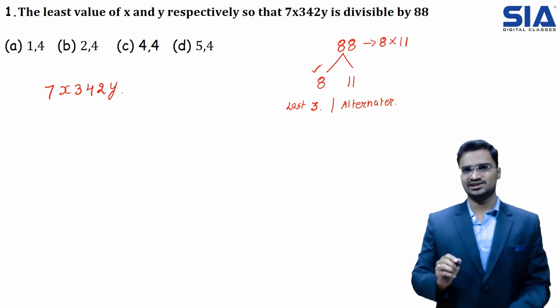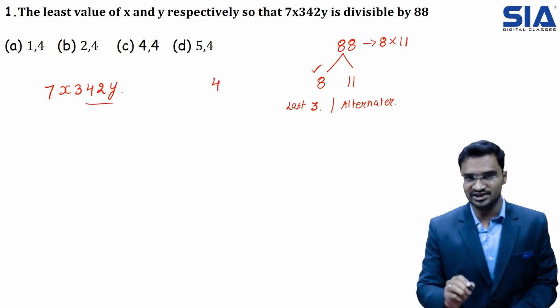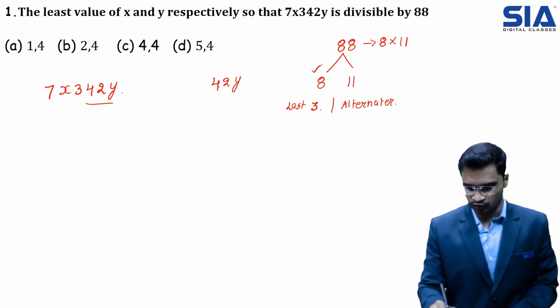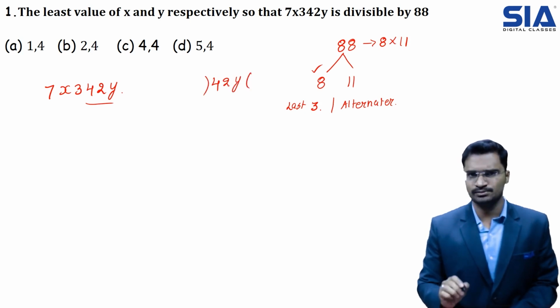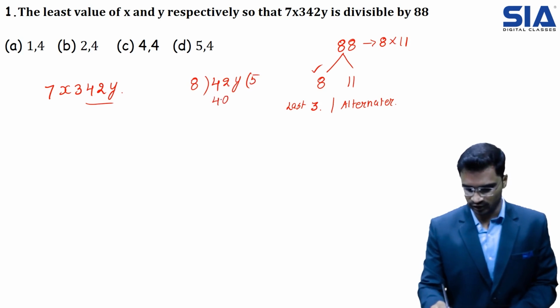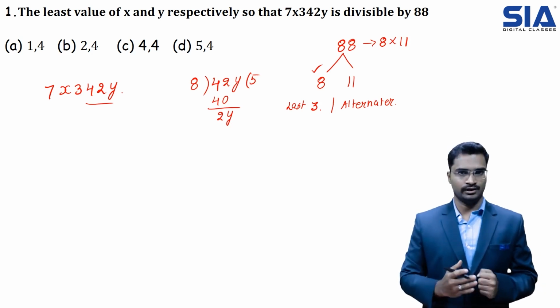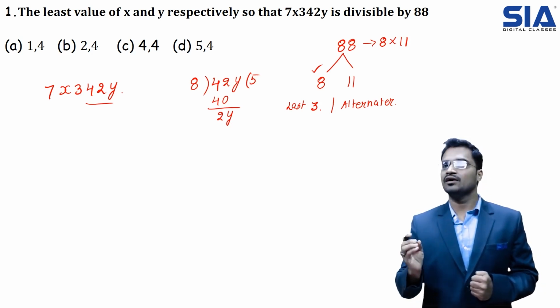The divisibility rule of 8 says that the last 3 digits should be divisible by 8. Now the last 3 digits are 4, 2, y. It should be divisible by 8. Now 8 fives are 40, the remainder is 2, then y. Whenever a number is completely divisible by a particular number, we get a remainder of 0.